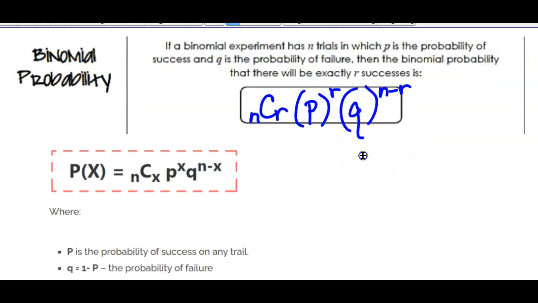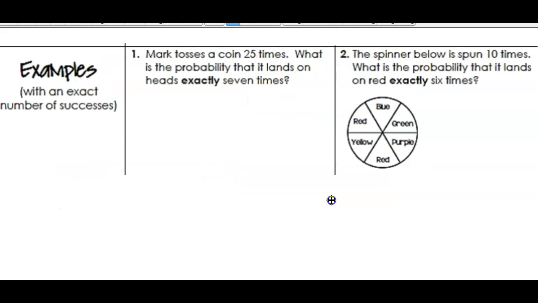We are going to use on our calculator what's called binompdf. And I'll show you where that is. So Mark tosses a coin 25 times. What is the probability that it lands exactly 7 times on heads?